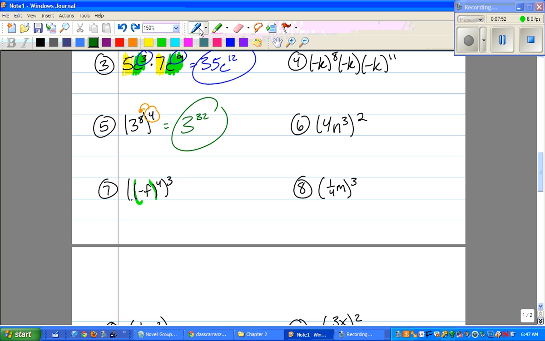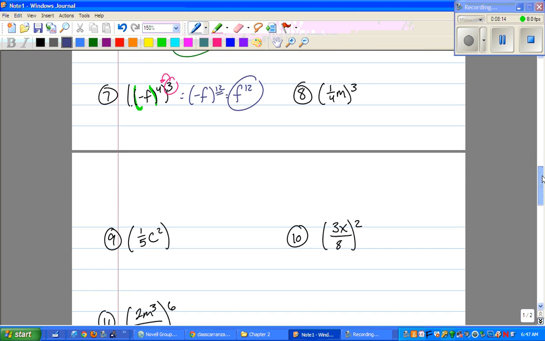Okay? So we're going to distribute the 3. 4 times 3 is going to give you, hopefully you're all saying 12. Now we can actually reduce this because we know our answer is going to be positive, because we have an even amount of exponents. That's automatically going to turn that into a positive.